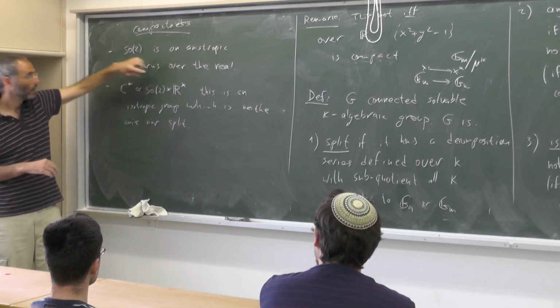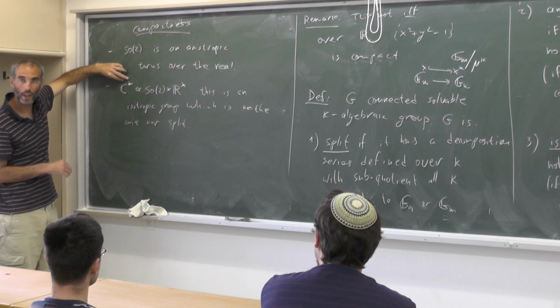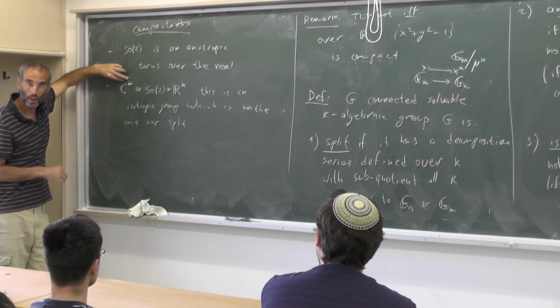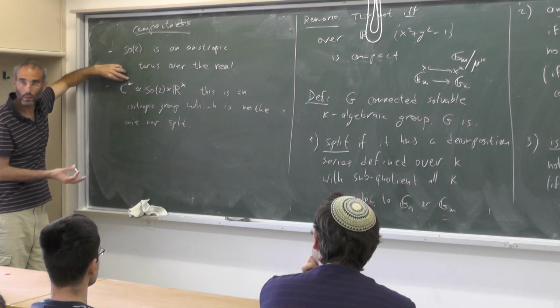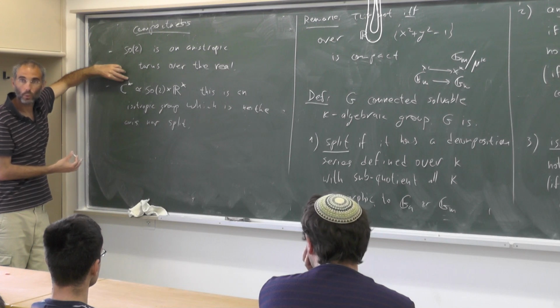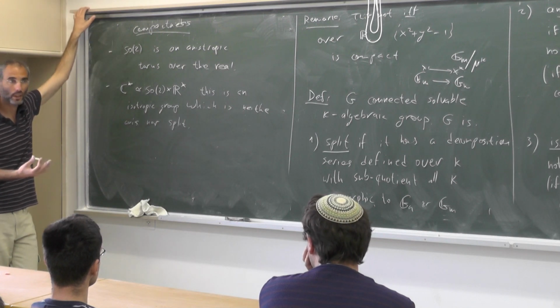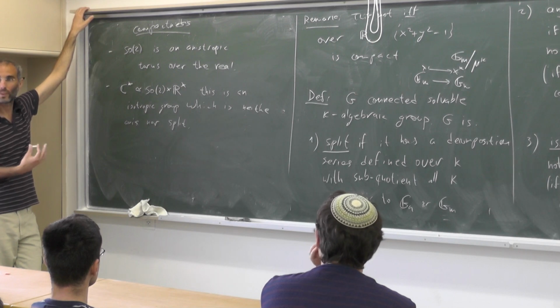When I regard C star as a subgroup of GL2R in this way, having the Cauchy-Riemann equation as my defining polynomial, I'm getting the real structure on that one. So what is the Cauchy-Riemann equation? It's the equation that guarantees commutation with i, right?